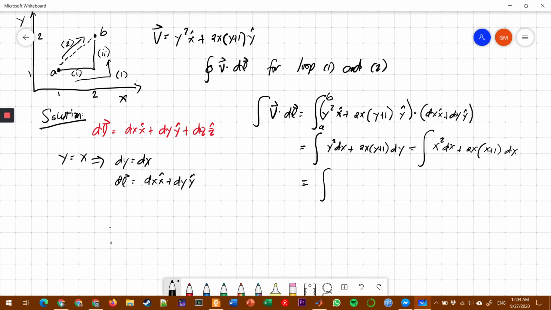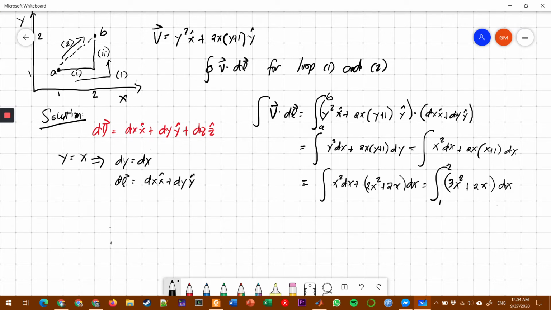So adding similar terms, we have x squared dx plus, distributing, 2x squared plus 2x, this is dx. So adding x squared and 2x squared, we have 3x squared plus 2x dx, and this is evaluated from 1 up to 2.